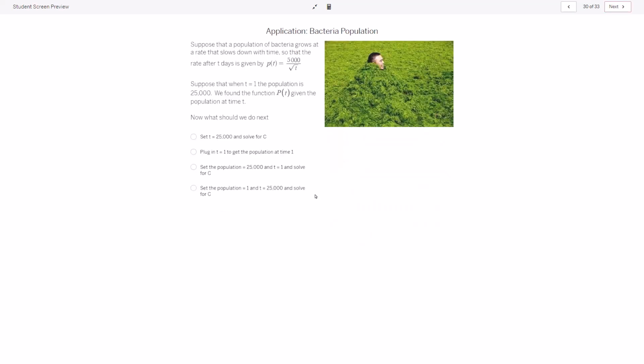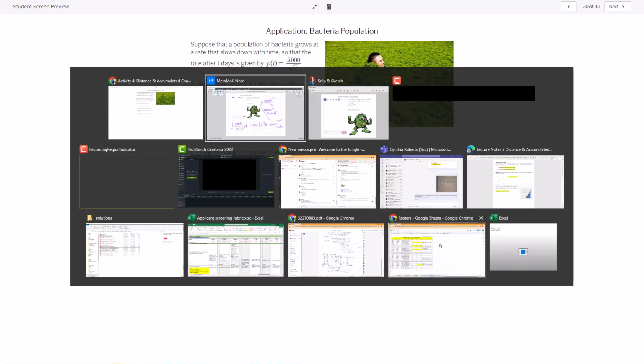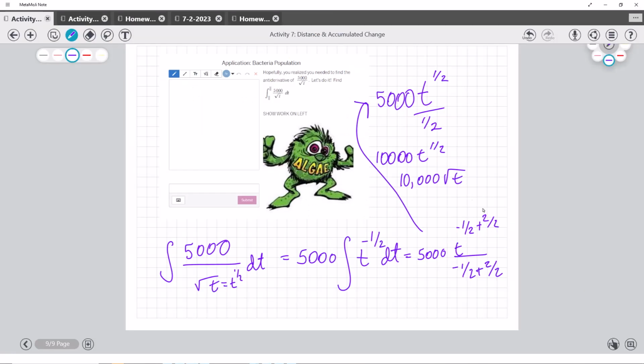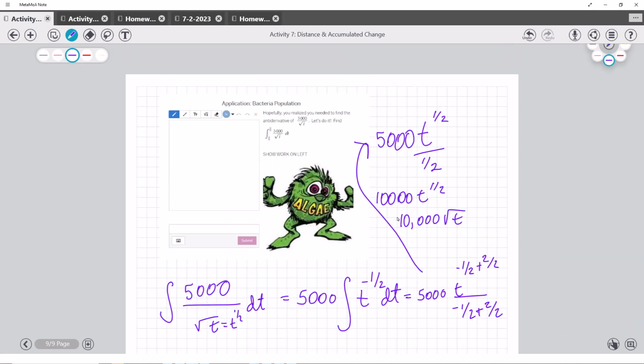Great job. And then here it says, suppose when t equals 1, the population is 25,000. You should write this as an actual function: big P of t equals 10,000 square root of t plus c.